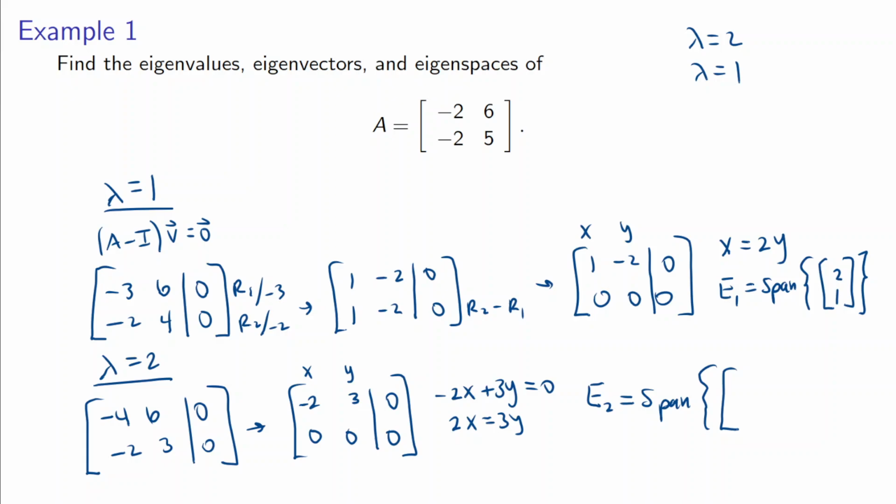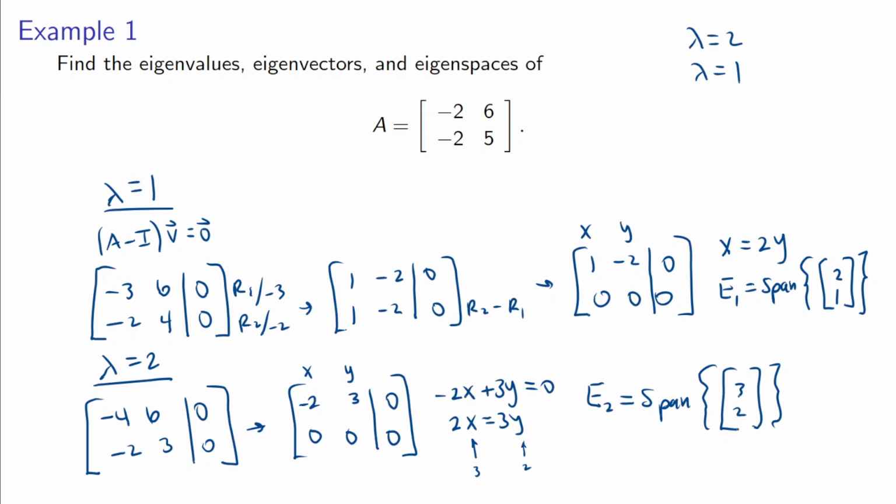For example, if we made x equal to 3 and y equal to 2, then this would be satisfied. This keeps it a little bit cleaner without having to introduce fractions. If you had fractions, that would not be the end of the world, of course, but just to keep the values in our vectors all integers.